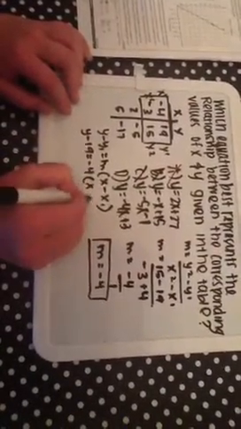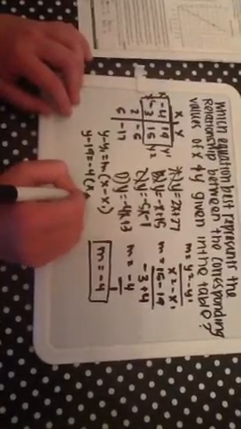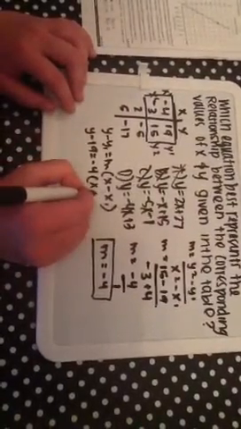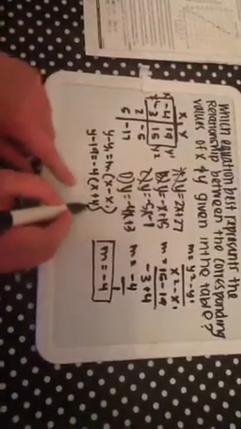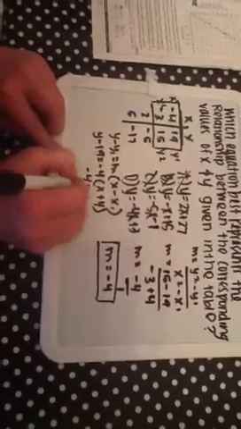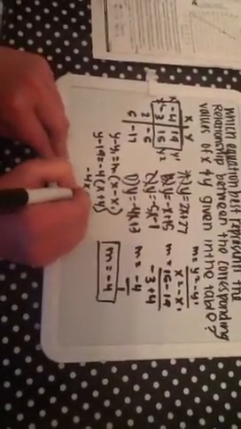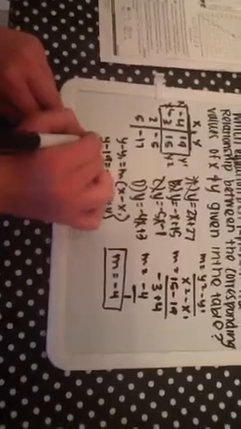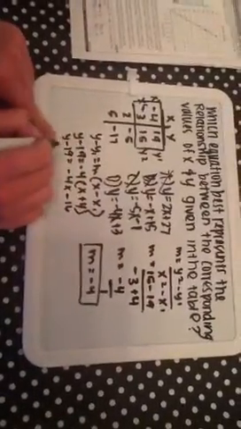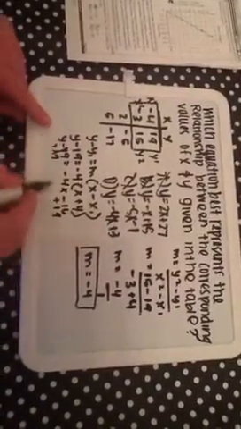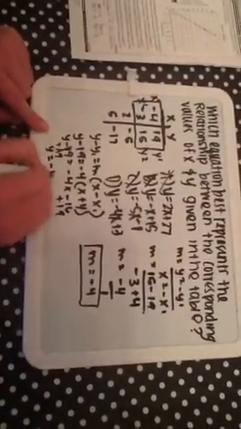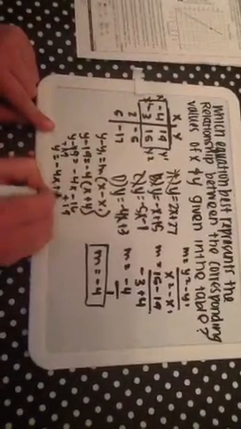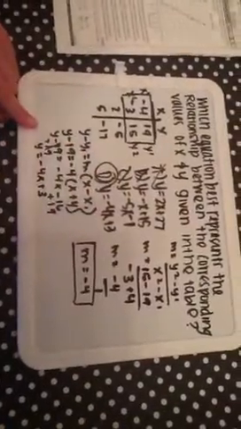Here we go again with our double signage, minus and negative 4, so that would become a plus 4. So then now we just distribute this over to that. So we get negative 4x and negative 16 equals y minus 19. So then we have to get y by itself, so you do plus 19 and then plus 19. So then what you do, you get y equals negative 4x plus 3. And D would be our answer.